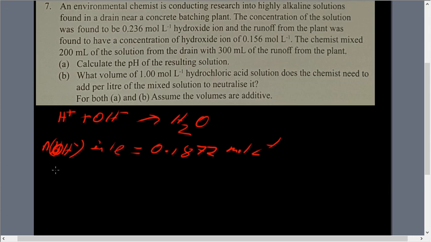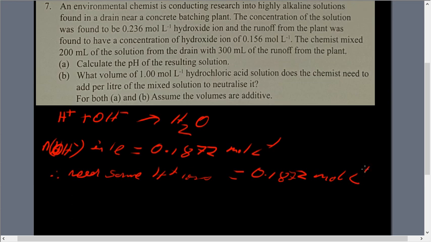So therefore, we need the same H plus ions equals 0.1872 moles per litre.